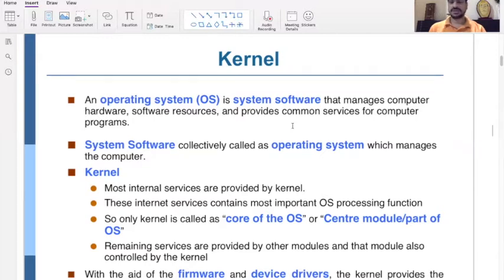And this operating system, we say, is a system software. We cannot say it is an application software. Let's say you have purchased a new laptop, and in that laptop we find essential software related to the operating system.